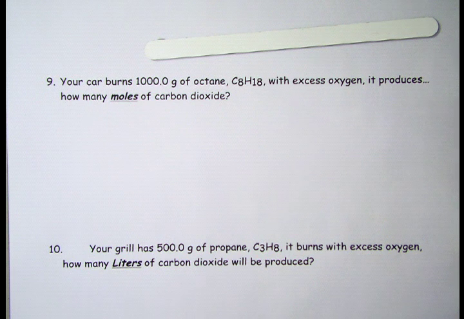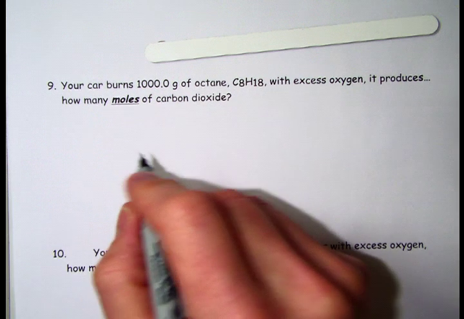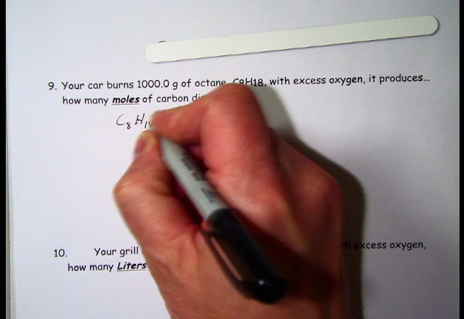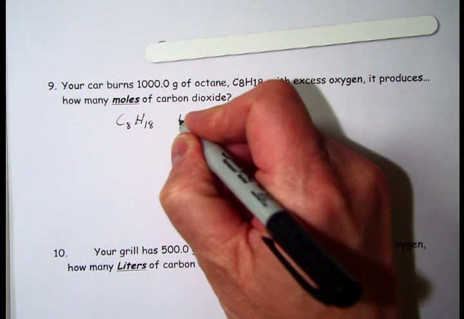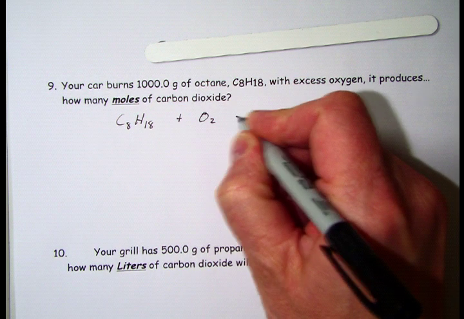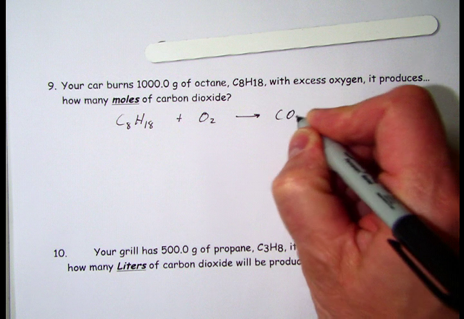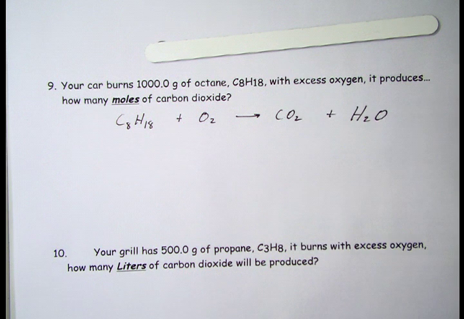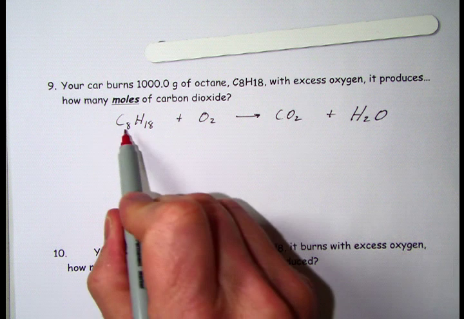It produces how many moles of carbon dioxide? So the complete balanced reaction is going to be C8H18, and because it's a combustion reaction, it's always got to be mixed with oxygen to produce CO2 and water. Go ahead and balance that.